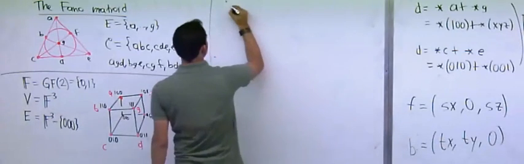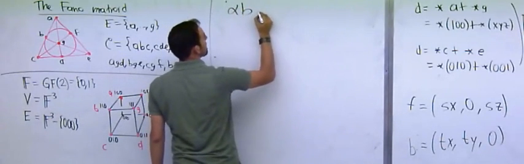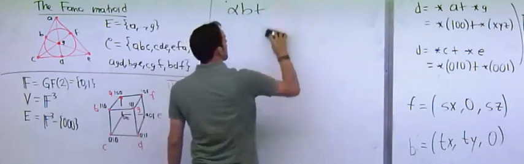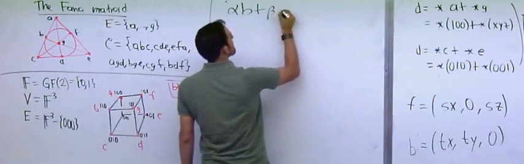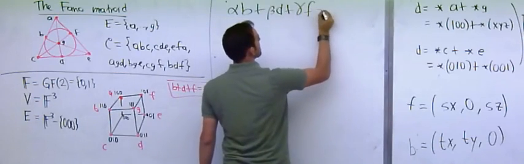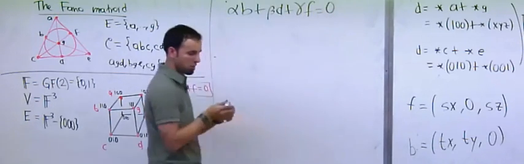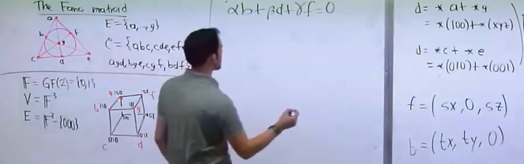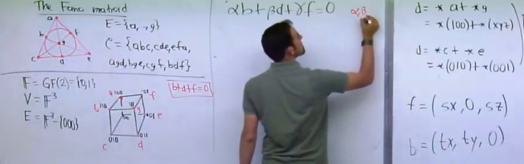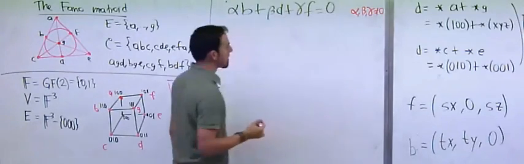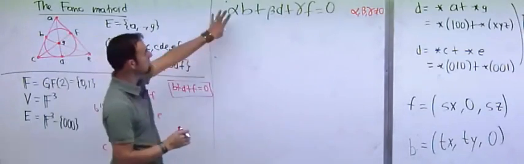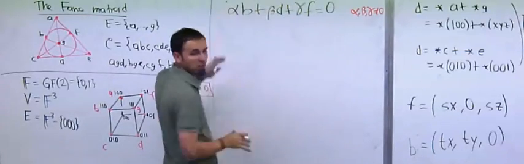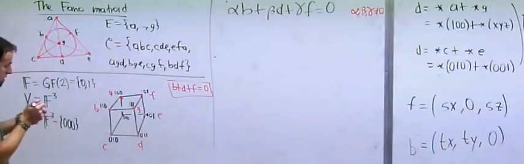So let's say that alpha B plus gamma plus beta D plus gamma F is equal to 0. And again, I can assume that alpha, beta, and gamma are not 0. Because if one of them was 0, then I would get a relation between D and F, and I'm not supposed to have a relation between D and F in this matrix.